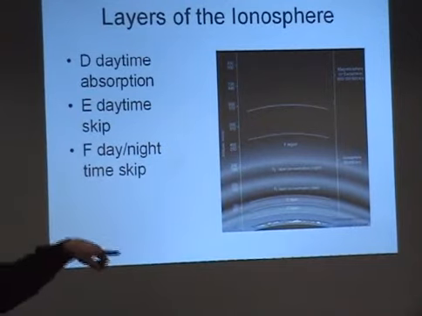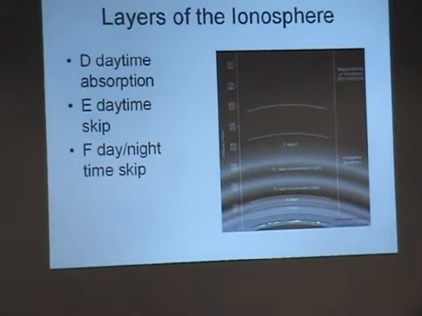So these are the various layers. F is day and night skip, we covered that. D is 40 to 60 miles high. It definitely attenuates RF, especially in the summer. In the winter it's not as strong because we're not getting the direct insolation like we are in summer. But you can tell that from here to New York, in the daytime, it's not really possible.